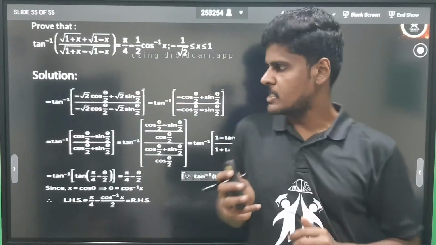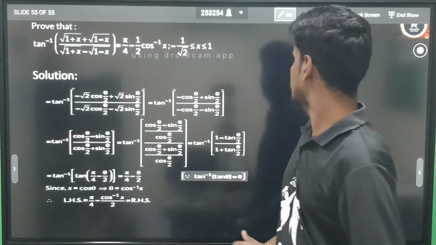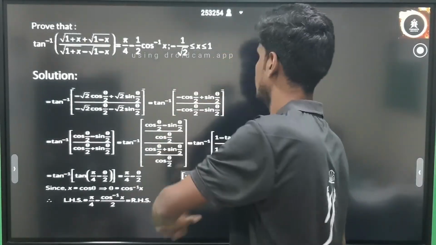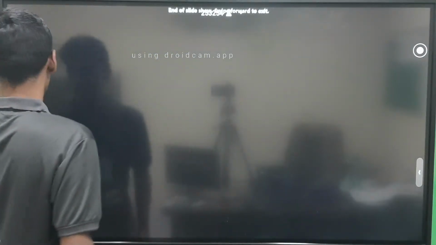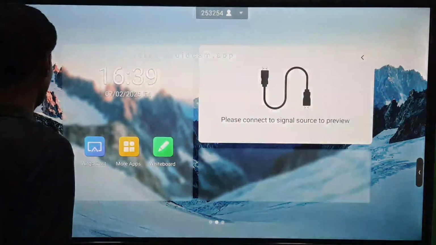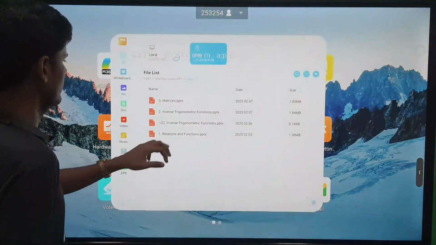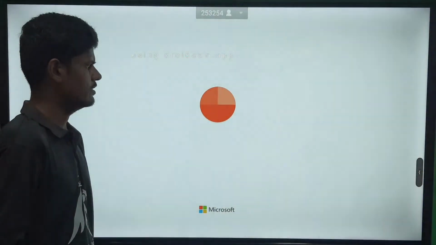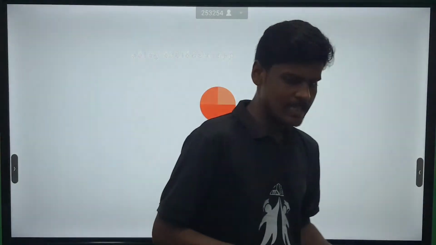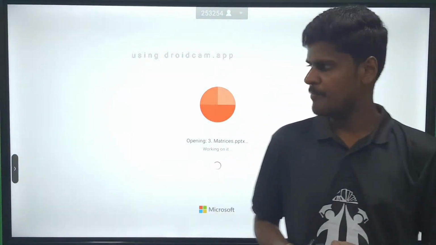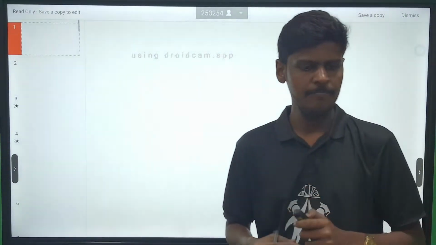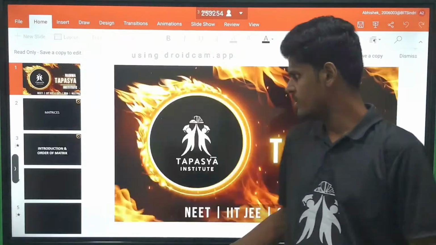We will go to the next topic now. Another interesting chapter is matrices.